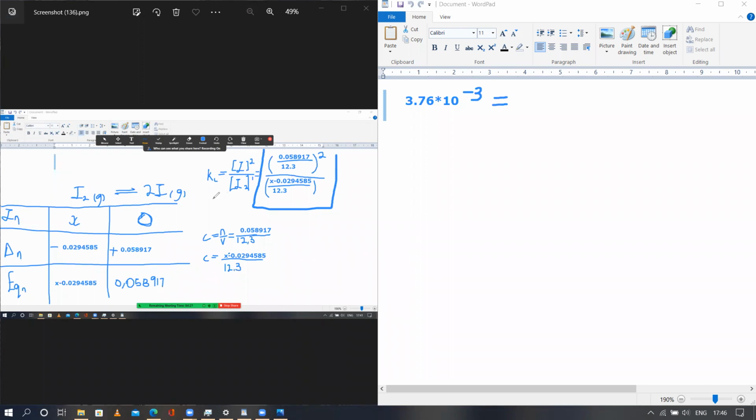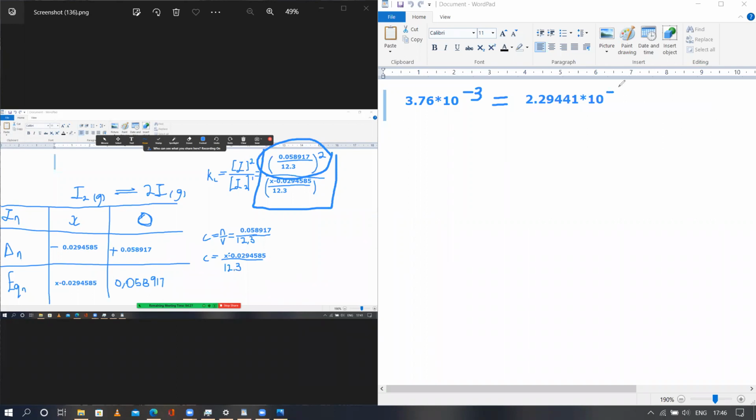So this is gonna be equal to, we're gonna get our product here, square that, so our product is gonna be 2.29441 times 10 to the exponent of -5.